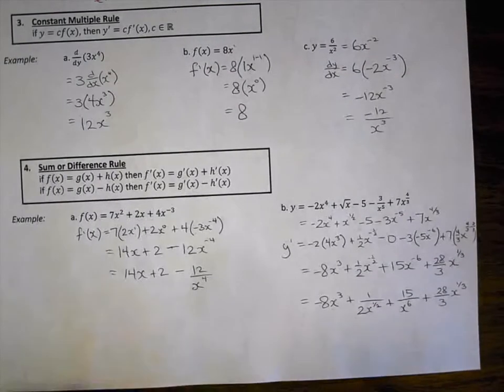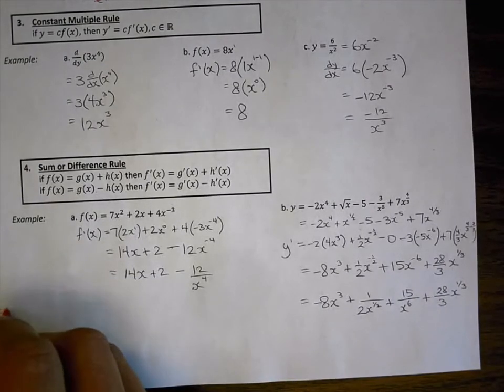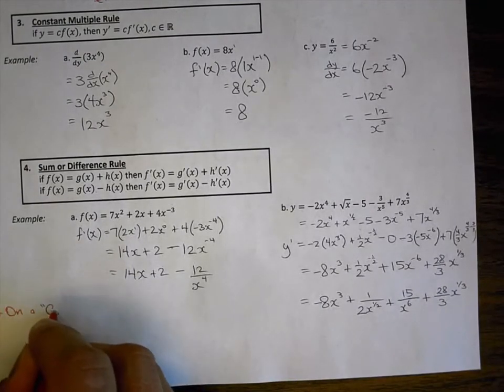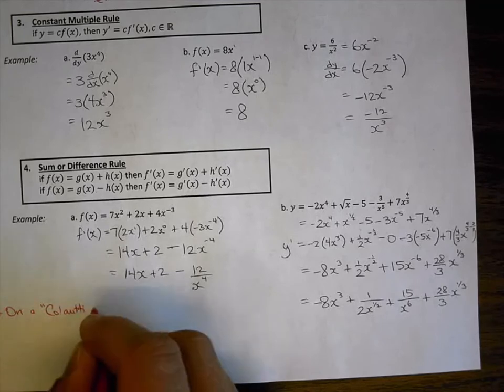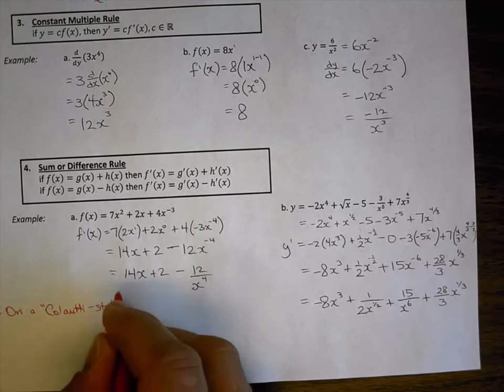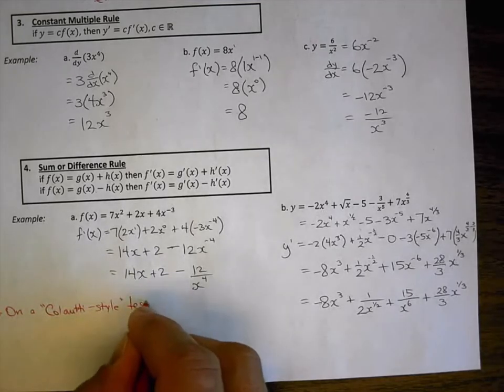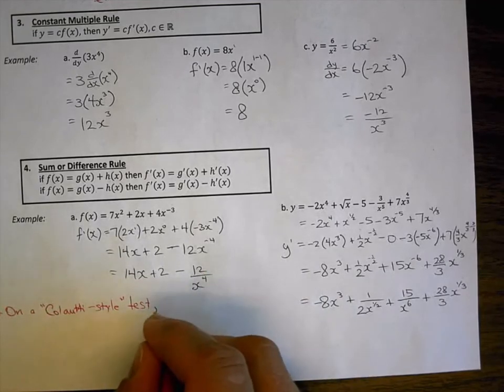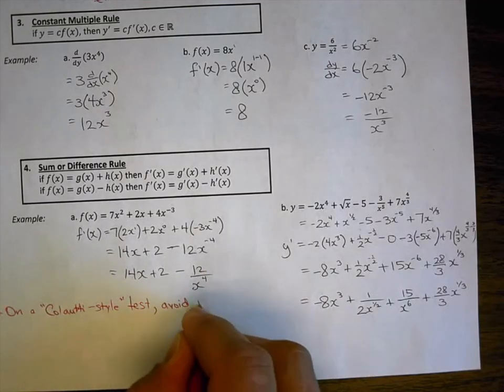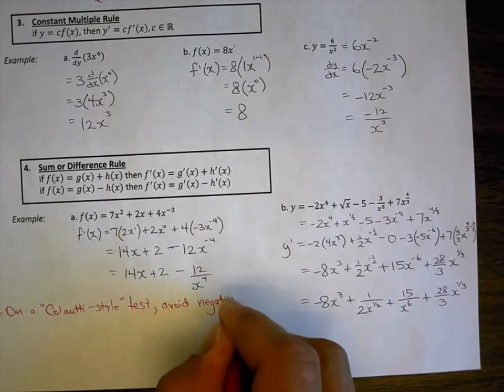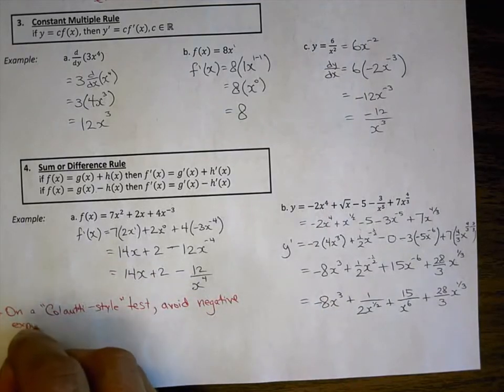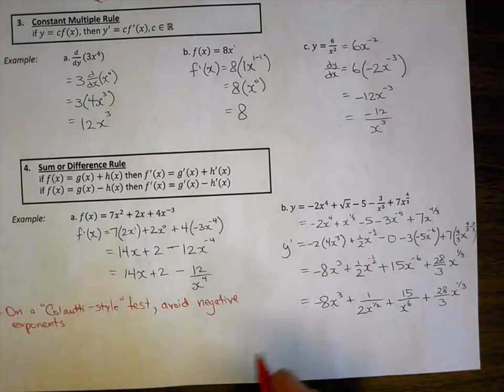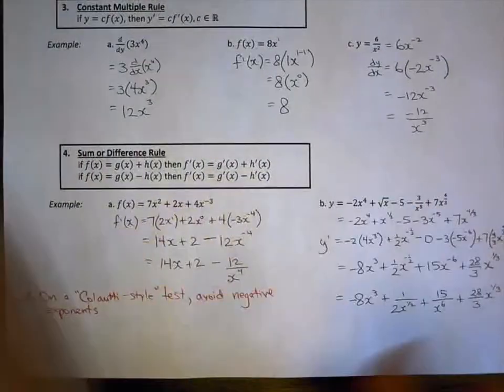Just want to make 2 notes here. On a Colati style test, avoid negative exponents in your final answer.